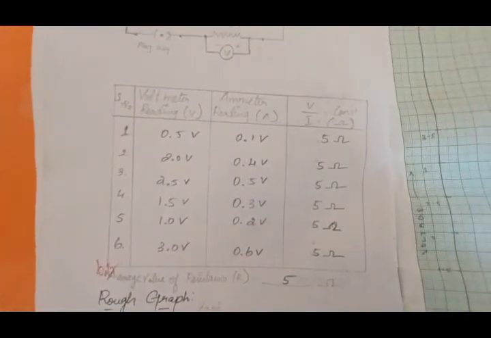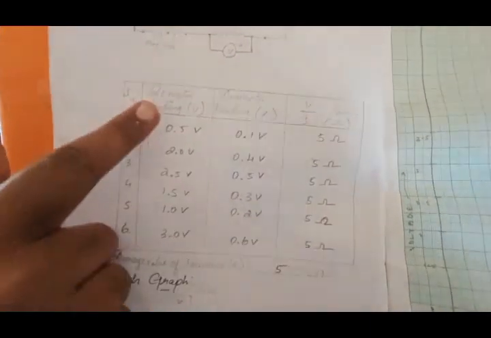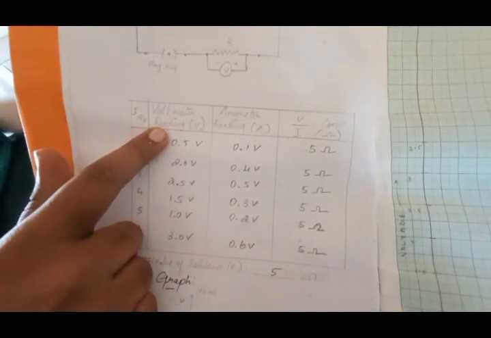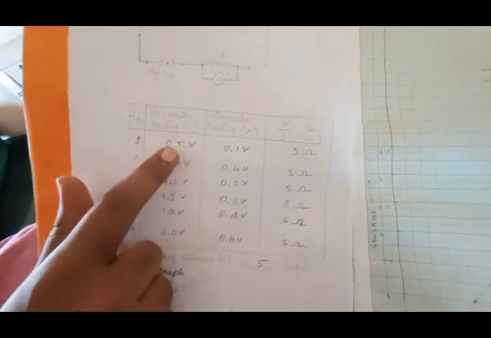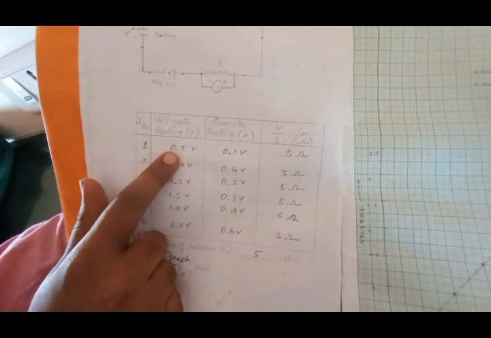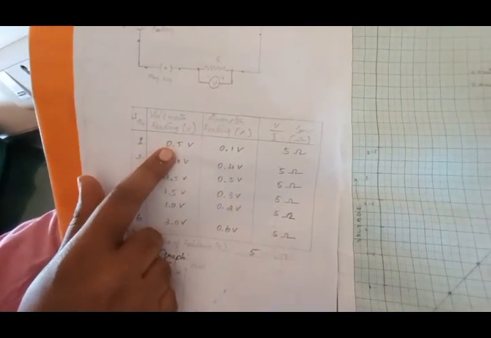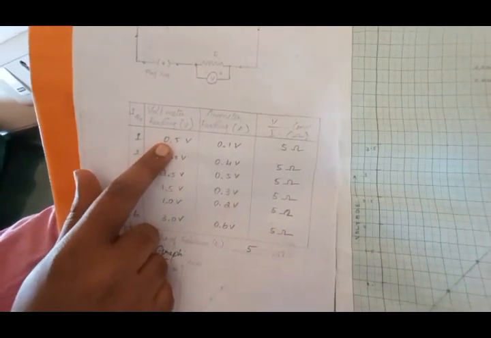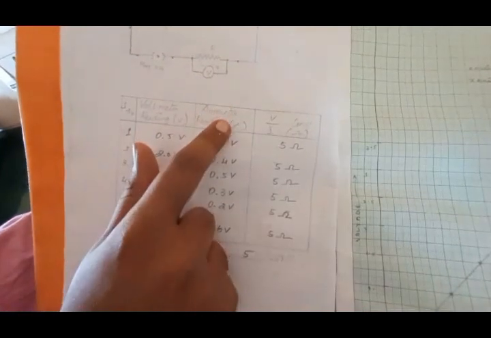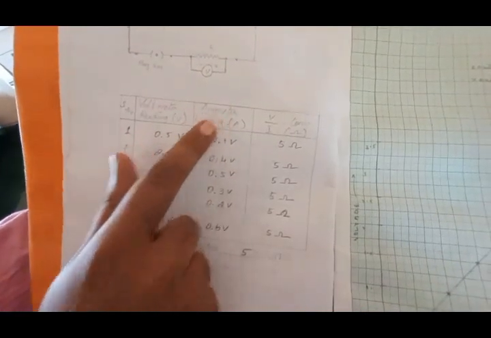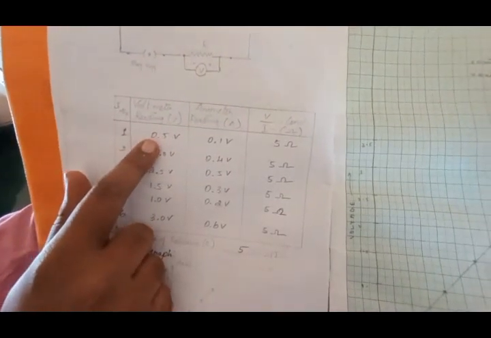Here you can see, the first one is the voltmeter reading. Initially I have set it to 0.5 volt.